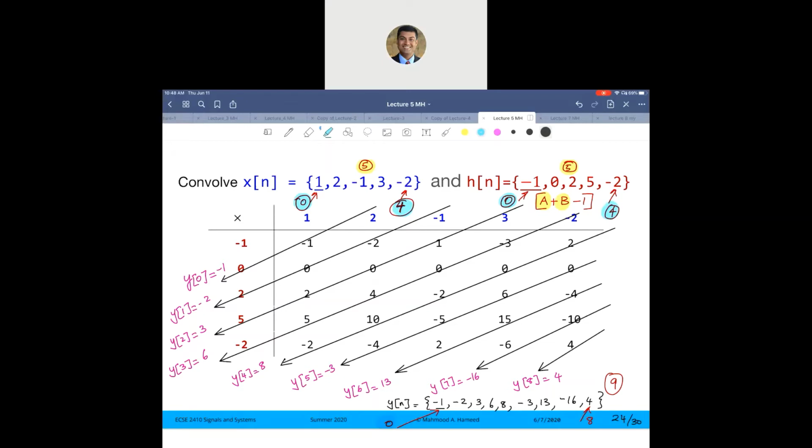So those are the two things that I want you to recognize in this particular example, which will prove very useful later on. We talked about the number of elements in the output and the limits on the output and how they are related to the input sequences. The inputs meaning the input signals being convolved. All right, let's move on here.